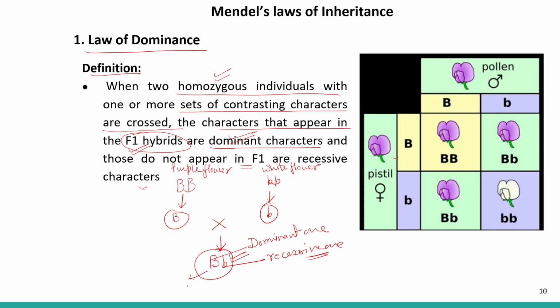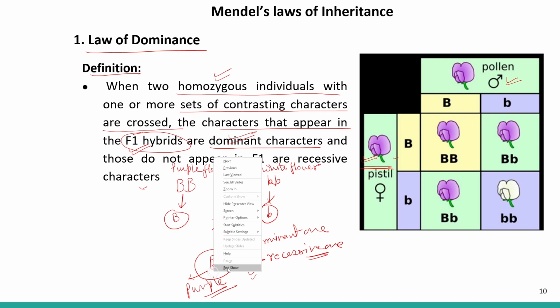So this flower appears as purple, hybrid purple. I have taken this flower here in this particular cross. The pistil, that is shown by the female plant, is purple, hybrid purple, and again the male one gives you the purple male. So it will have capital B, small b type of genotype, so it will form two gametes, capital B and small b type.